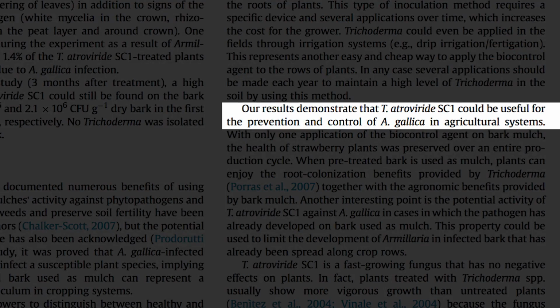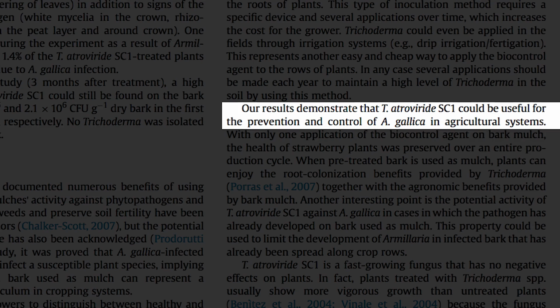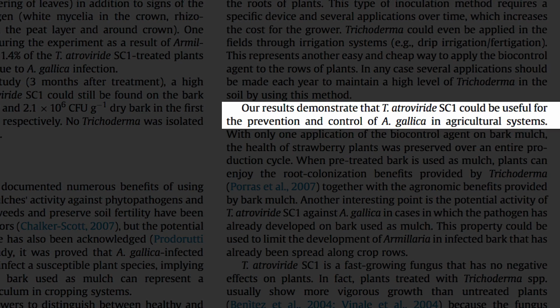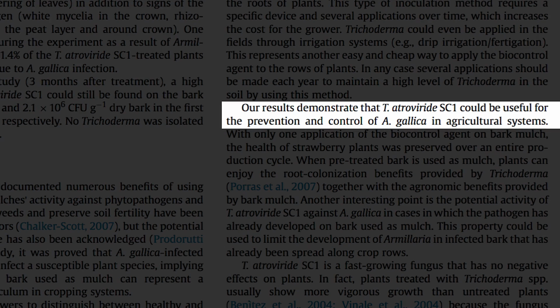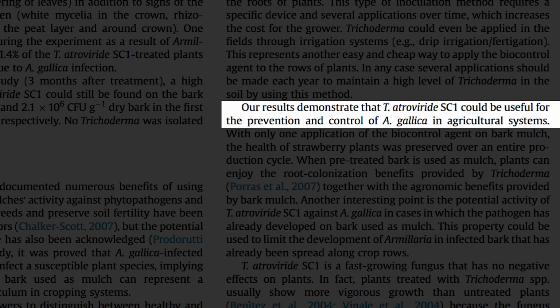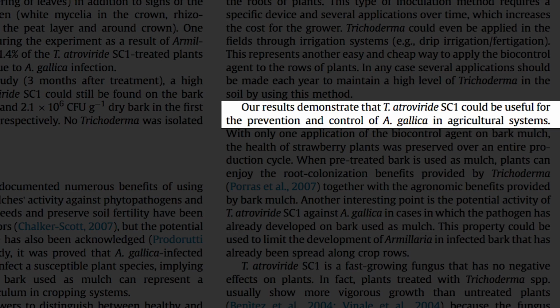And in this study, the researchers seemed particularly optimistic, concluding that Trichoderma atroviridae SC1, which is a particular strain of Trichoderma, could be useful for the prevention and control of Armillaria gallica in agricultural systems.